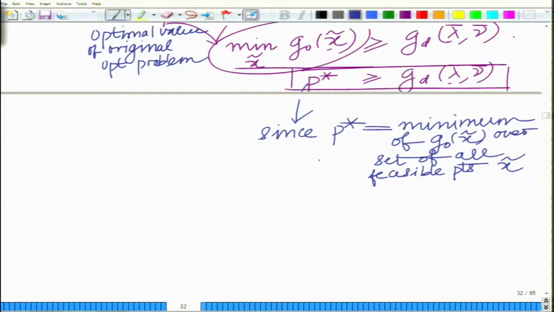Therefore, you have GD of lambda bar, nu bar is less than or equal to P star.